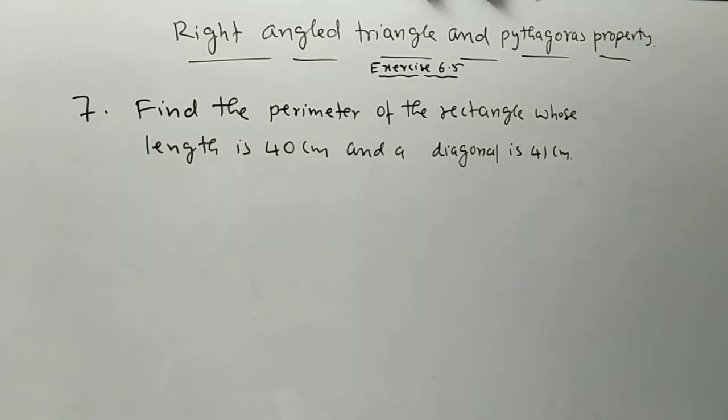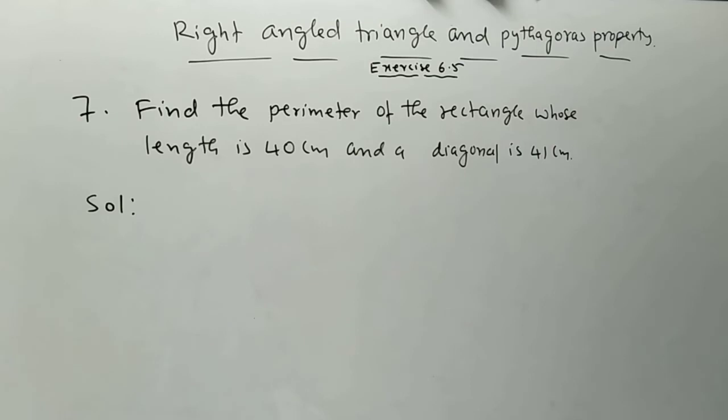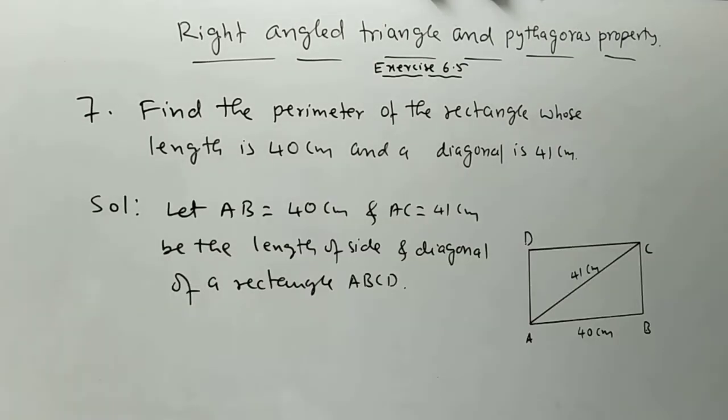Question number 7. Find the perimeter of the rectangle whose length is 40 cm and a diagonal is 41 cm. Solution. Let AB is equal to 40 centimeter and AC is equal to 41 centimeter be the length of side and diagonal of a rectangle ABCD.